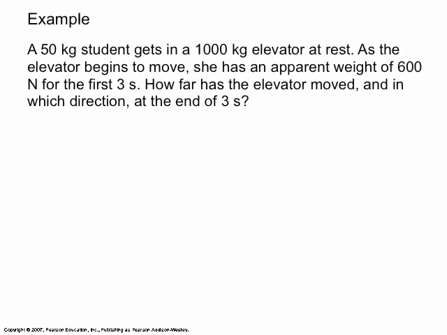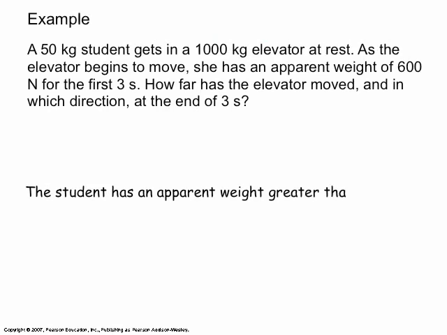To do this, you need to consider that her apparent weight is greater than her weight from gravity, 600 newtons versus her mass of 50 kilograms times g, about 500 newtons. So if her apparent weight is greater than her gravitational weight of 500 newtons, then she's accelerating.